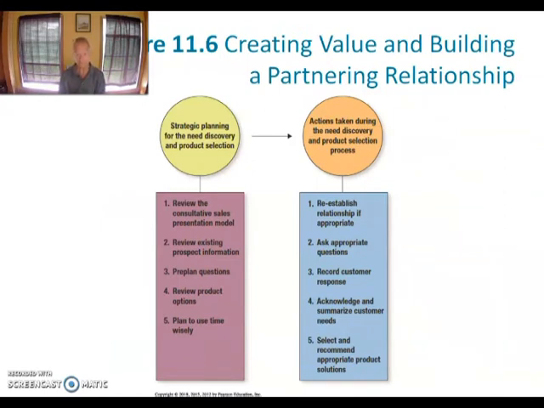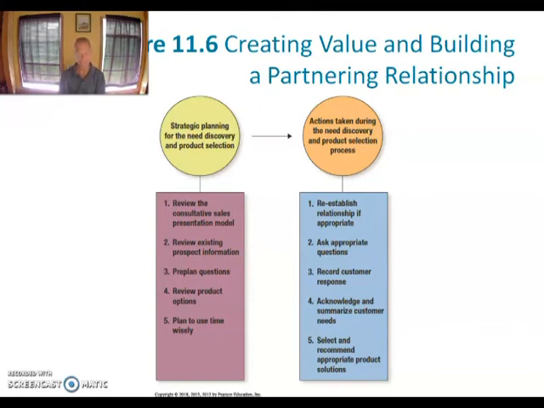So, creating and building relationships: what you should do is review the consultative sales model that we talked about, the 6-step model, review the needs discovery model, the SPIN selling model, pre-plan your questions, prepare your questions, and use your time wisely. That is the pre-planning stage.